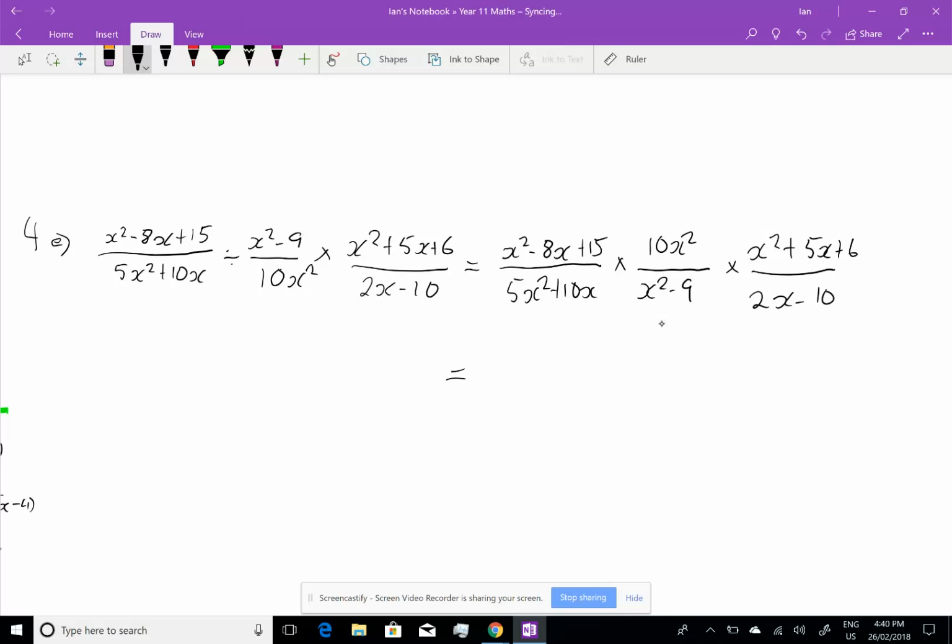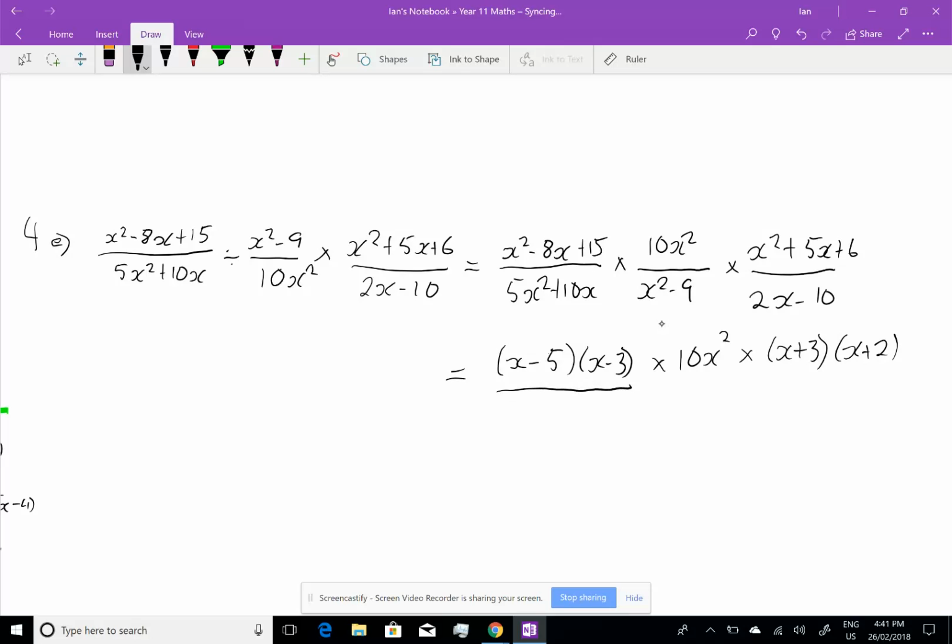So I'm going to factorise the top. What multiplies out to 15 adds up to 8? I reckon x minus 5, x minus 3. There's a nice quadratic. That 10x squared is going to stay there. What multiplies out to 6 and adds up to 5? I reckon x plus 3, x plus 2.